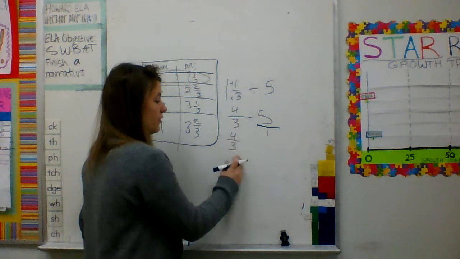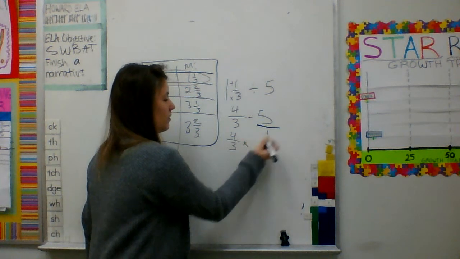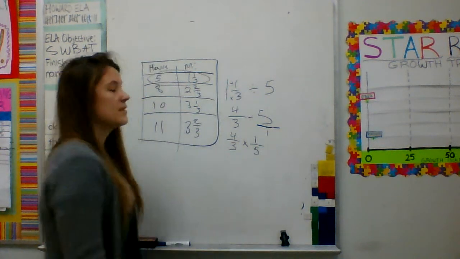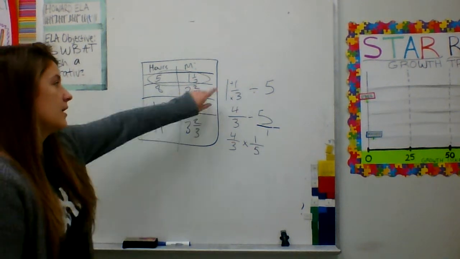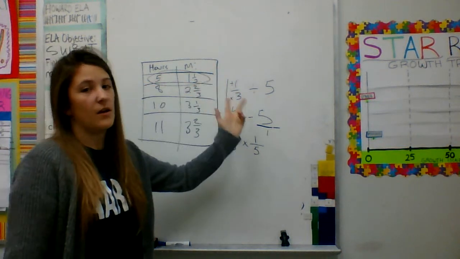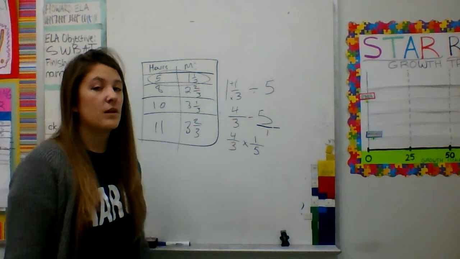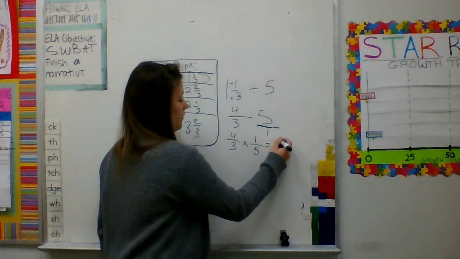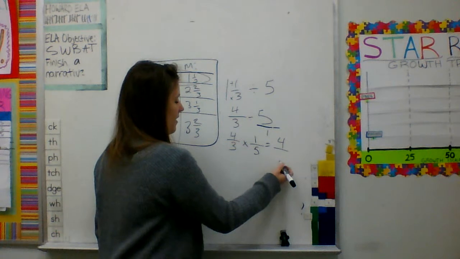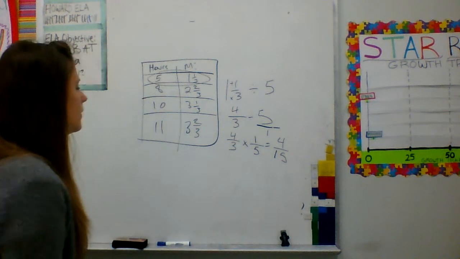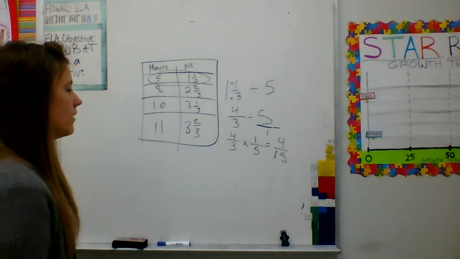So it's 4/3. I keep, I multiply, and I need to flip. And this is again when order is important. It is 1 1/3 divided by 5. You cannot get that order mixed up. It will not give you the right answer. So I'm going to continue. 4 times 1 is 4. 3 times 5 is 15.